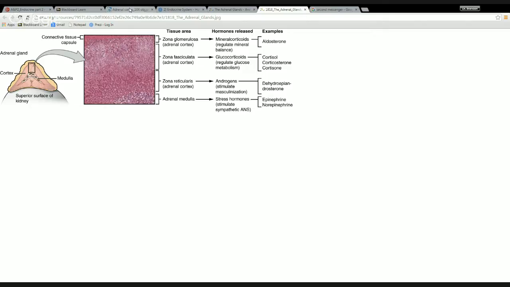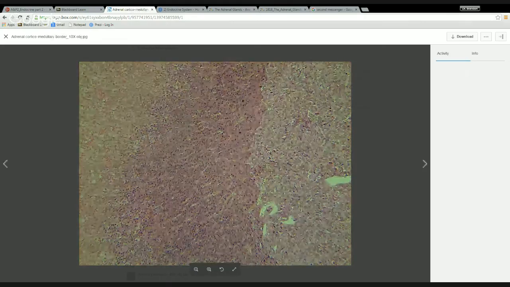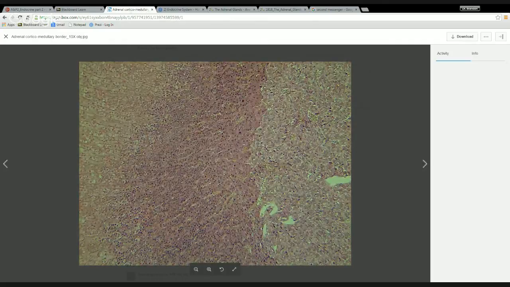Now, when we look at the anatomy here, there's a very distinct line separating the glomerulosa from the fasciculata. And there's a very distinct line that we can't really see in this picture, but we can in this picture, separating the medulla from the reticularis.